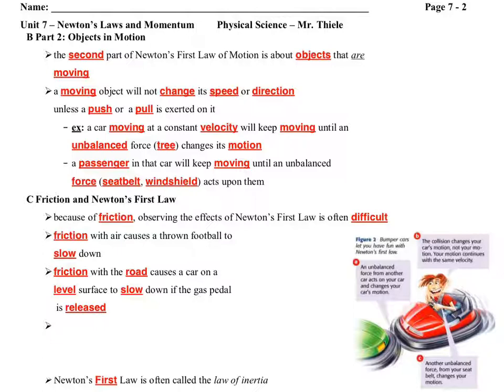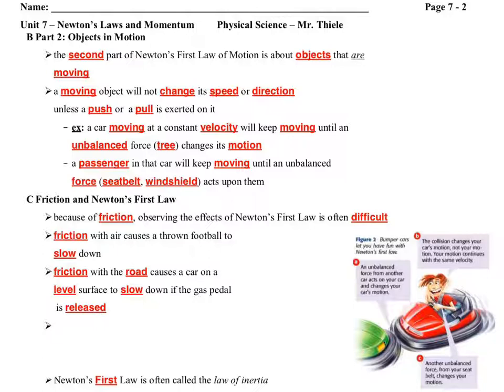So these objects that are moving are not continuing on at the same speed or in the same direction forever, as Newton's first law seems to say that they will, but that's because of this hidden force of friction creating an unbalanced force situation that is not necessarily easy for us to observe directly, but it's still there.